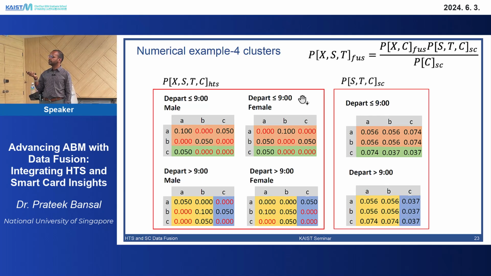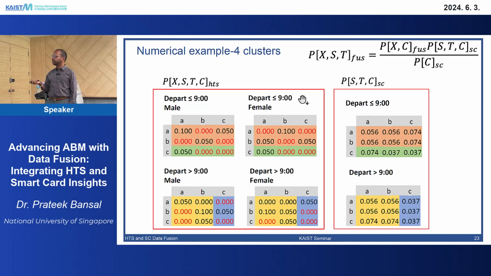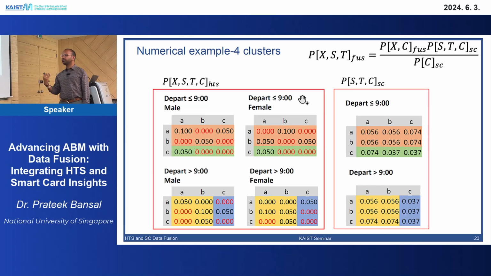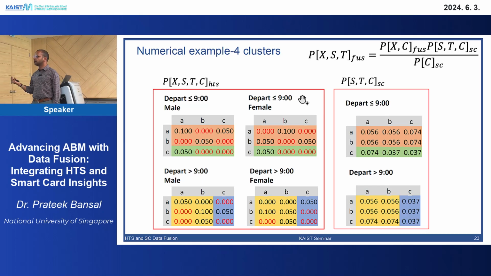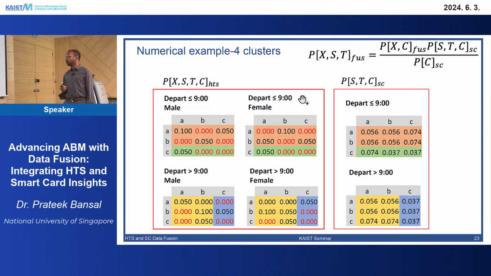Then the green one, going from zone C to ABC, is cluster 2, before 9 a.m. And the departing after 9 a.m. is basically cluster 2. Cluster 3 is in yellow, and cluster 4 is the trips coming to zone C, departing after 9 a.m., okay?